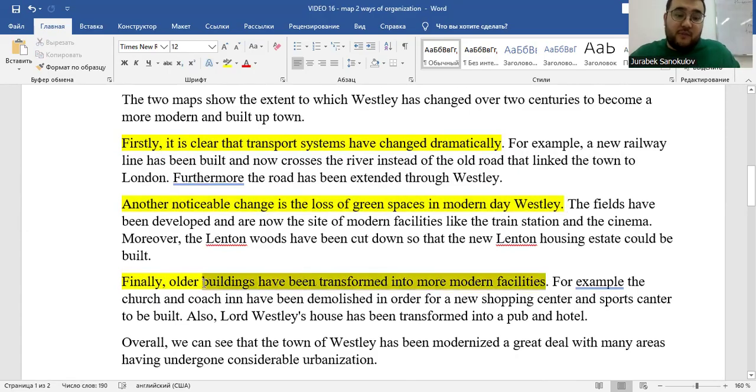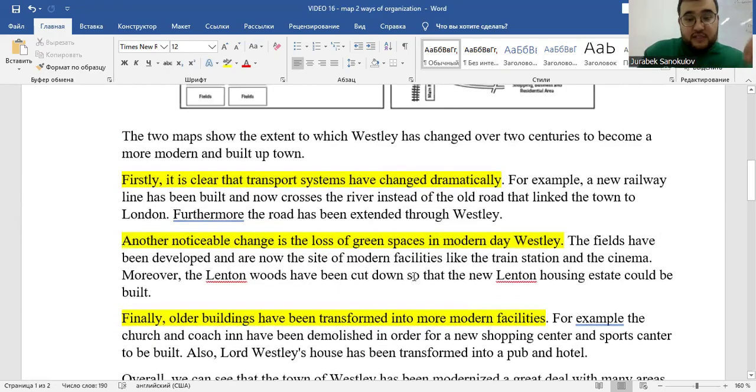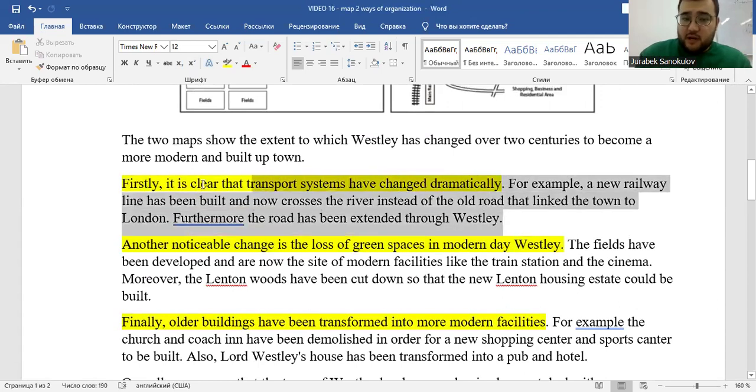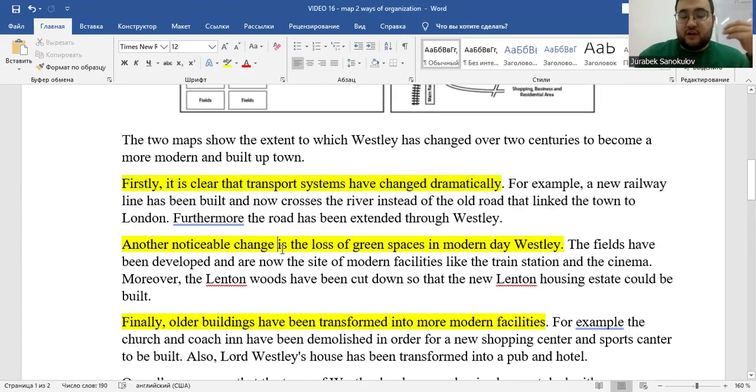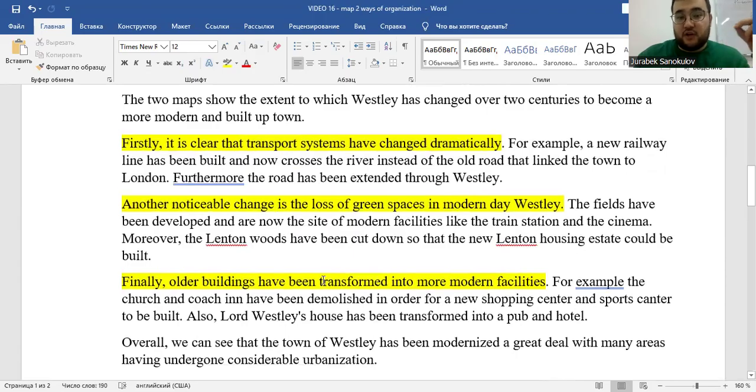Now it's going to talk about the transformations, conversions. So you see the logic. In the first body paragraph, the writer decided to talk about transport systems, in the second the loss of green spaces, and in the third the transformations. That's a pretty good logic, in my opinion.